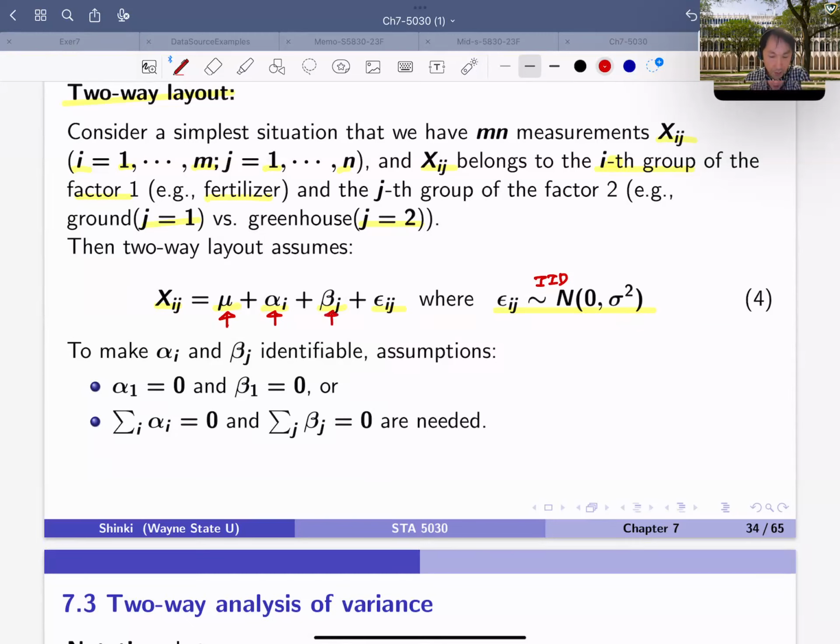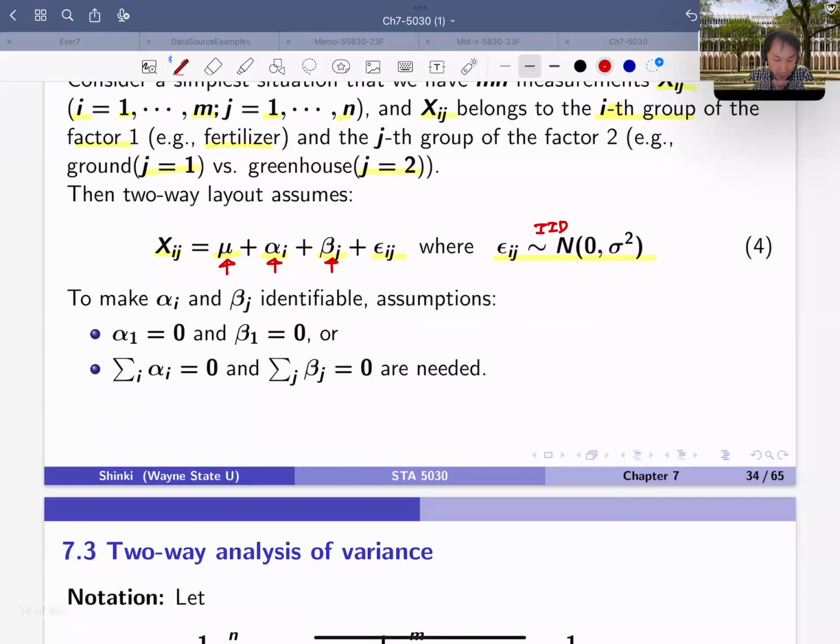And beta j represents the factor determined by the cultivation, either ground or greenhouse. If j equal to 1, the ground, is the baseline, then beta 1 is 0, and beta 2 represents the difference between the greenhouse and the ground, so the additional yield compared to ground for the greenhouse.